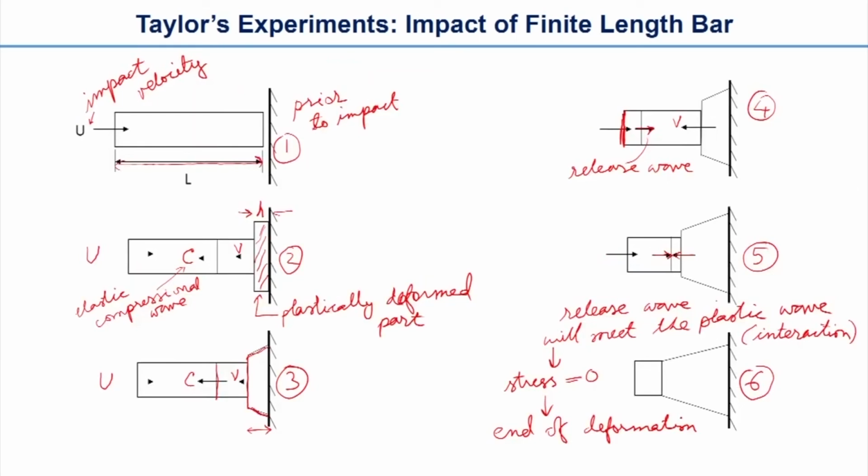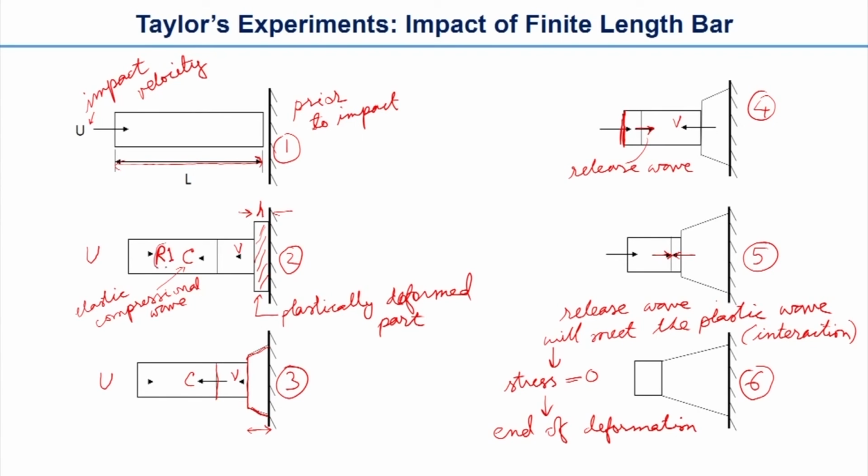Suppose the first step is, this is region number 1, let's say this is region 1, don't be confused with the other numbers 1 2 3 4. So this is region 1, or better I would write R1.